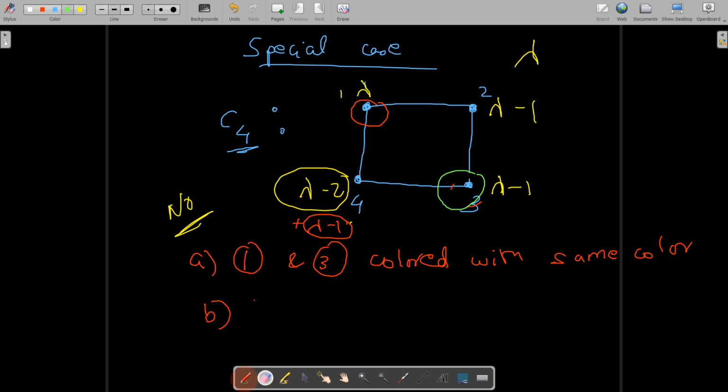So 1 and 3 are colored with different colors.